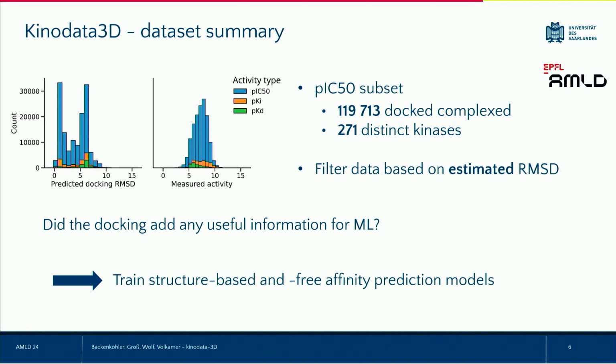Mostly it is pIC50, so that's basically what we'll stick with for the rest of the work. In terms of predicted quality, we see a very bimodal distribution. So either we see success or failure, but we will see later how this influences the predictive quality of an affinity prediction. And with this data, we now proceed to training the baseline models and our structural model.